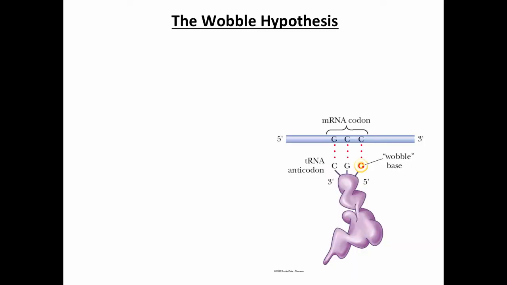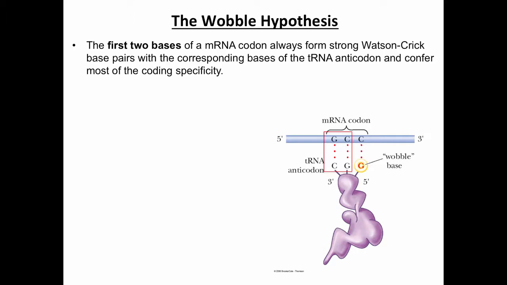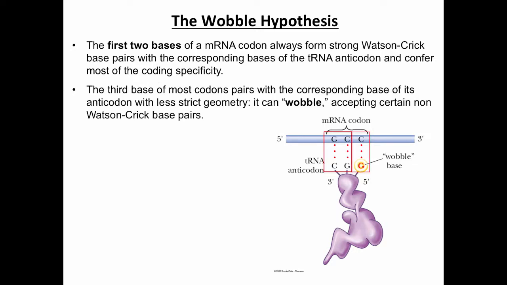So there is something called the wobble hypothesis, meaning that the first two bases of the codon in the mRNA are going to form a very strong Watson-Crick base pair with the corresponding bases in the tRNA anticodon. And again, that's going to confer most of the specificity of coding the right amino acid. However, that third base, which we call the wobble base, does not necessarily have to have perfect Watson-Crick base pairing.